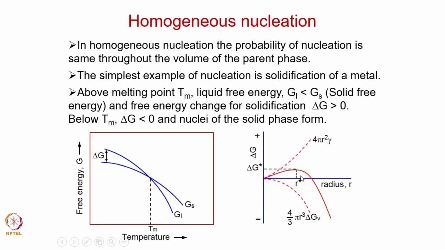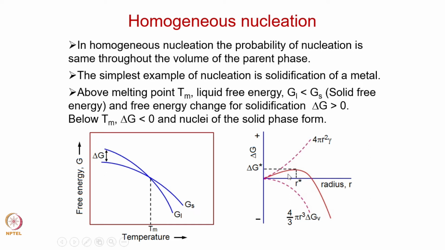And this is the summation of these two, the solid line that you see. Okay, so the maximum that you see over here is the size that the particle has to reach for it to be called a nucleus, which can grow into the solid, right?